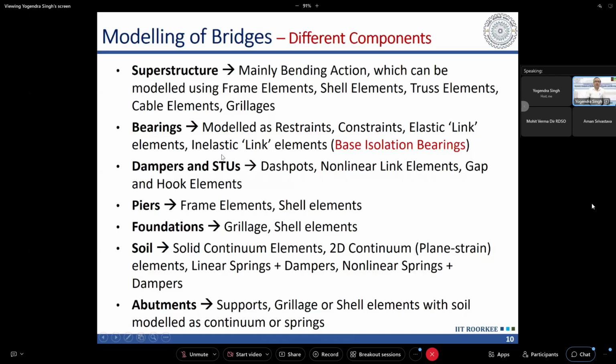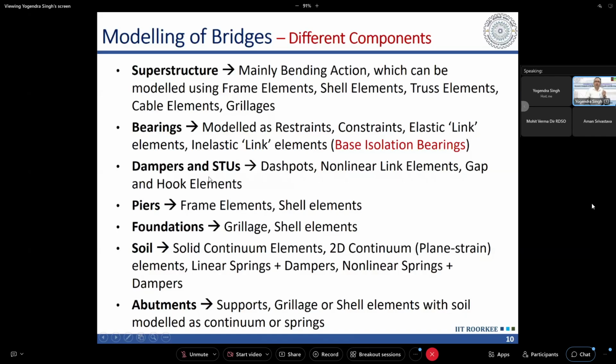Then in some bridges, in parallel to bearings, we provide dampers and shock transmission units, STUs. The purpose of these dampers is to dissipate energy during earthquake. And the purpose of STUs is to allow the displacement of the superstructure with respect to the pier cap in normal loading, that is temperature and gravity loading, where the deformation occurs slowly.